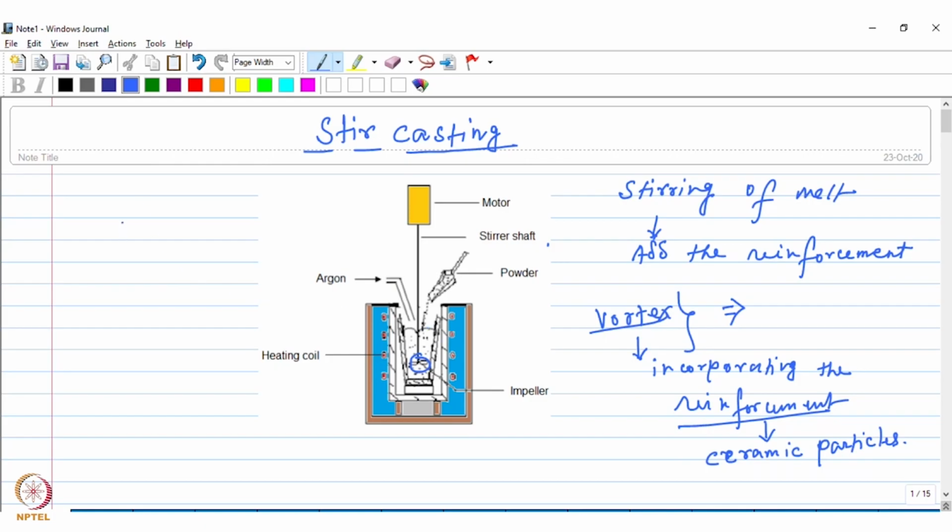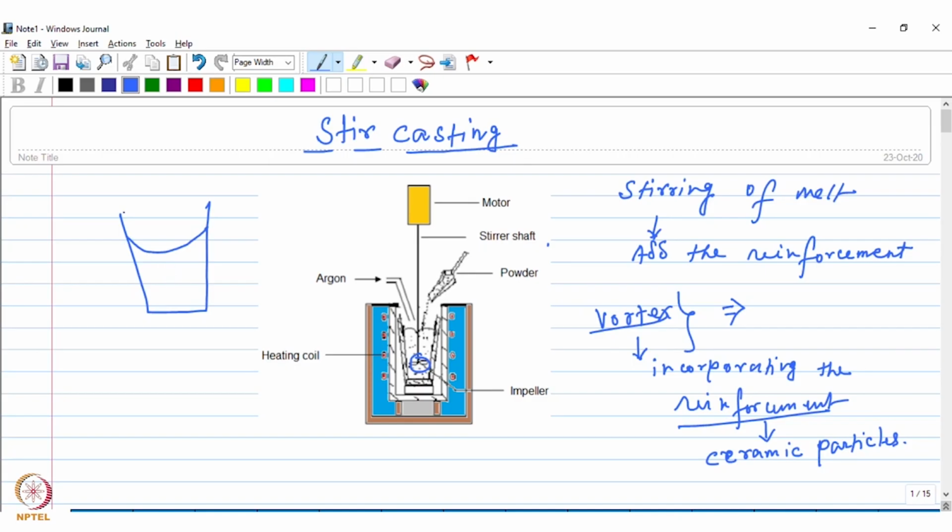So basically, it will create some kind of vortex as you agitate the melt by a high speed rotation of the impeller. You can physically see that this will create a vortex or a whirlpool kind of thing in the molten metal.